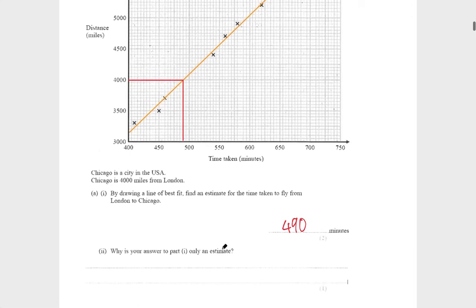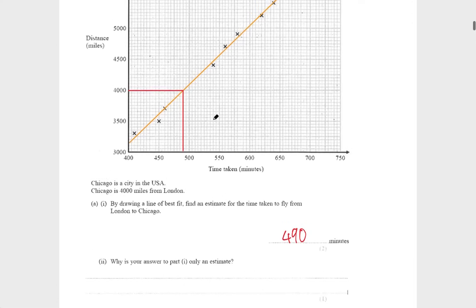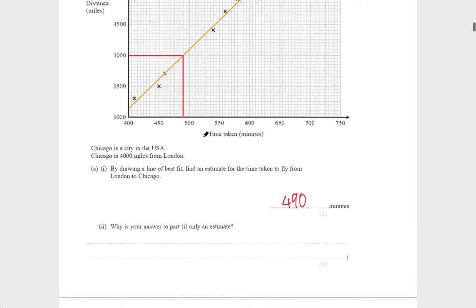Why is this only an estimate in part B? Lots of reasons could be possible here. You can say my line of best fit may not be entirely accurate. Or there are only 8 points in the sample.